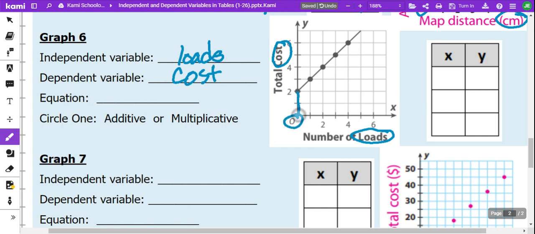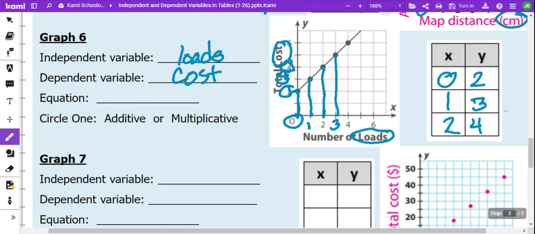So looking at the first x right here, the second, the third, and the fourth, it looks like it's 0, 1, 2, 3, and then we look at the output, 2, 3, 4. 0 to 2, the only way to do that is to add.